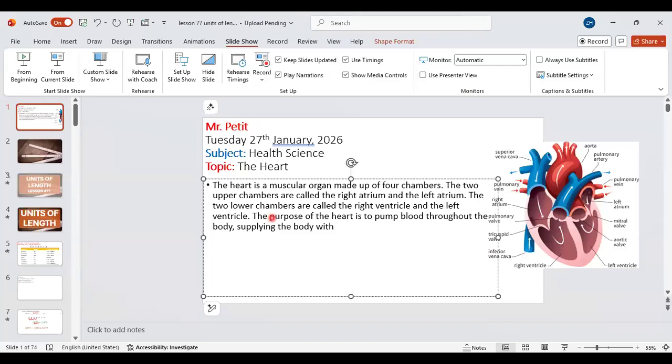Supplying the body with oxygen. And what else? Nutrients. Very good. And what else does the blood do? It removes waste, while also removing waste.